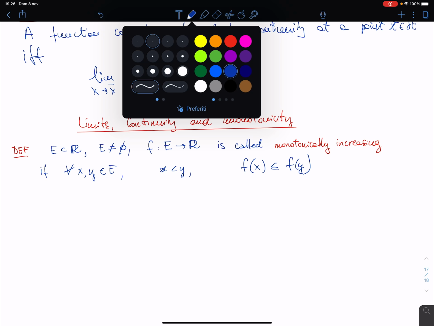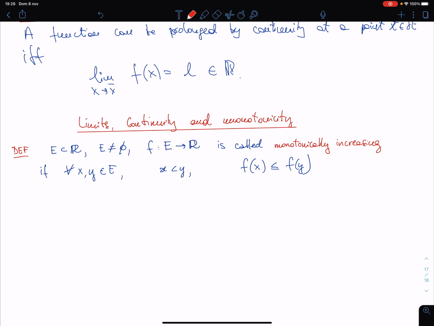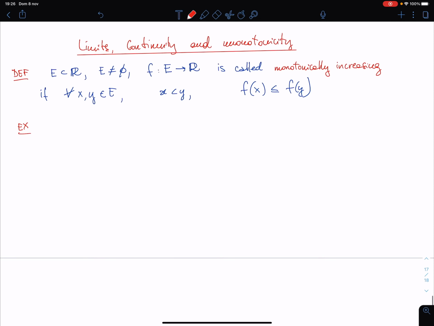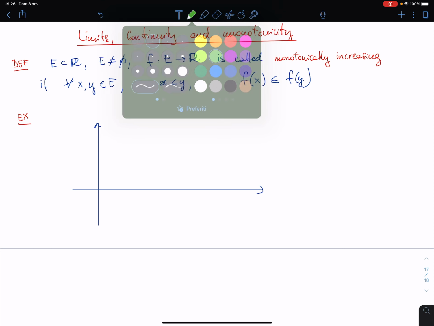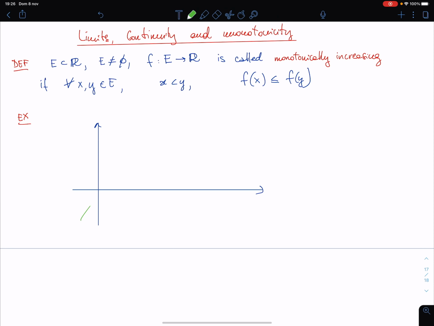So to fix the idea, I give you a pictorial example. Consider this situation here where you have a graph of this kind.